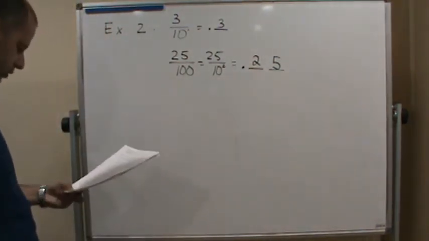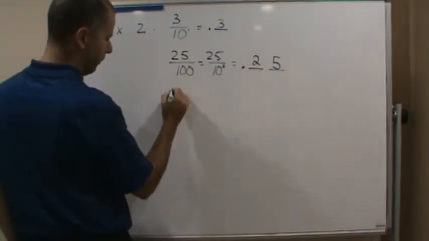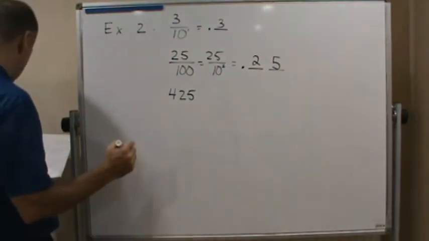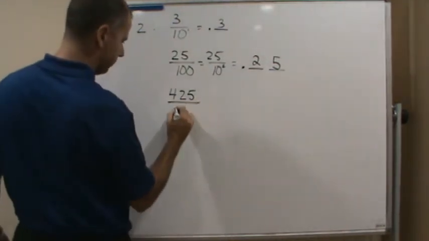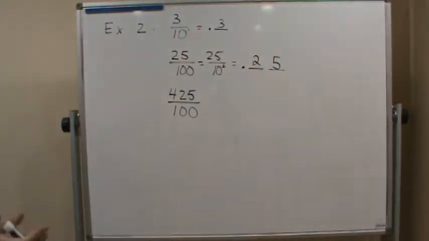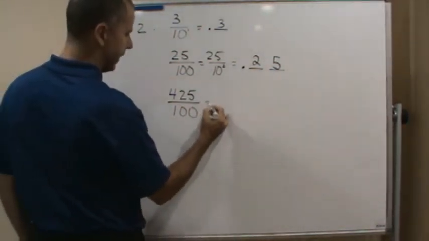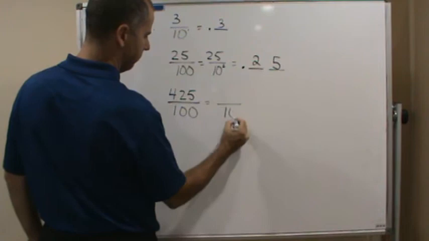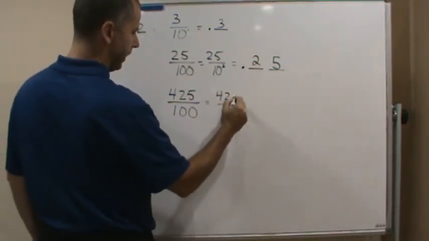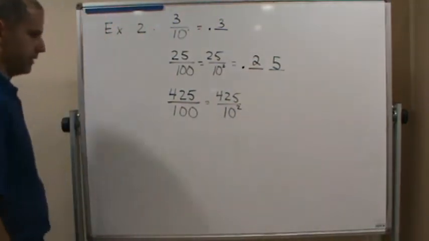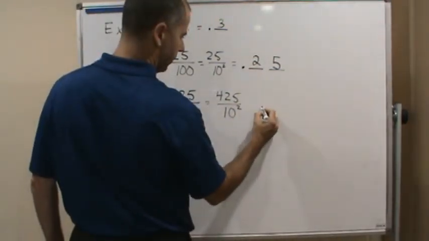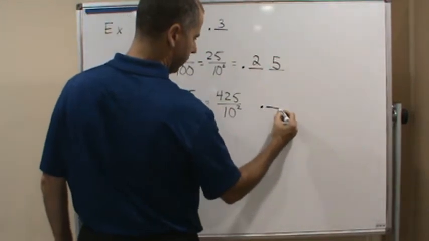Okay, now the next one, let's do another one. Let's do this one, 425 over 100. So again, we're going to do the same thing. Let's write it as a power of 10. And so this is 425 over 10 squared. And so again, we're going to put our decimal place here.